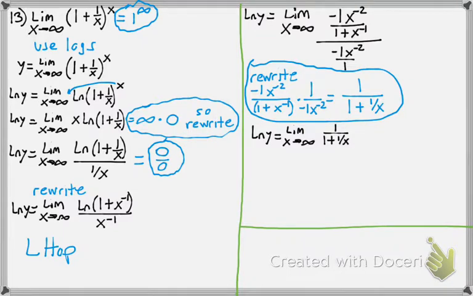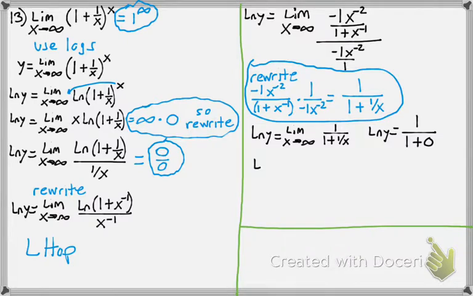If we plug that in, then ln of y is going to be equal to 1 over 1 plus 0, because 1 over infinity is going to be 0.